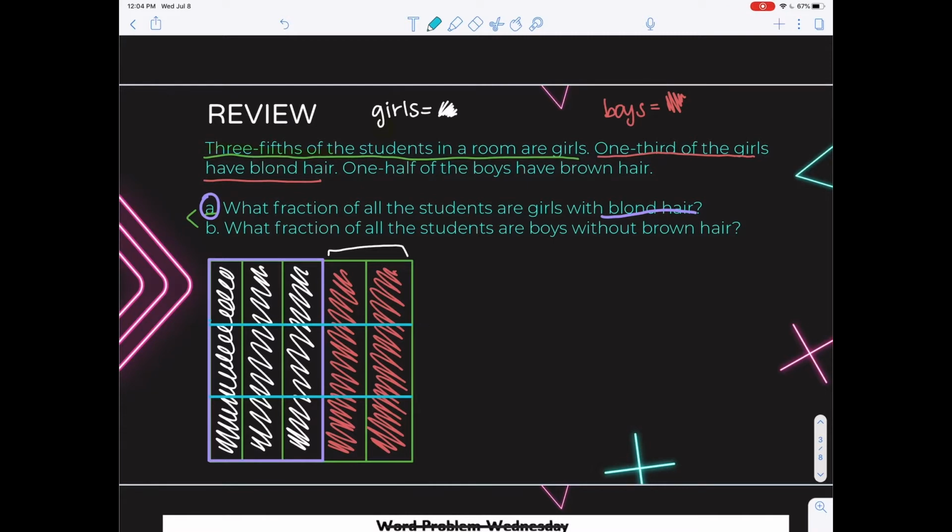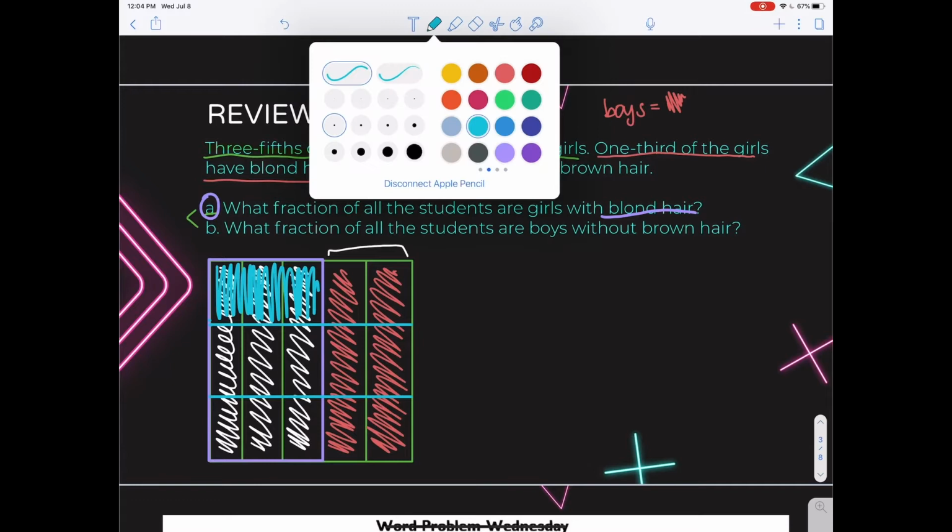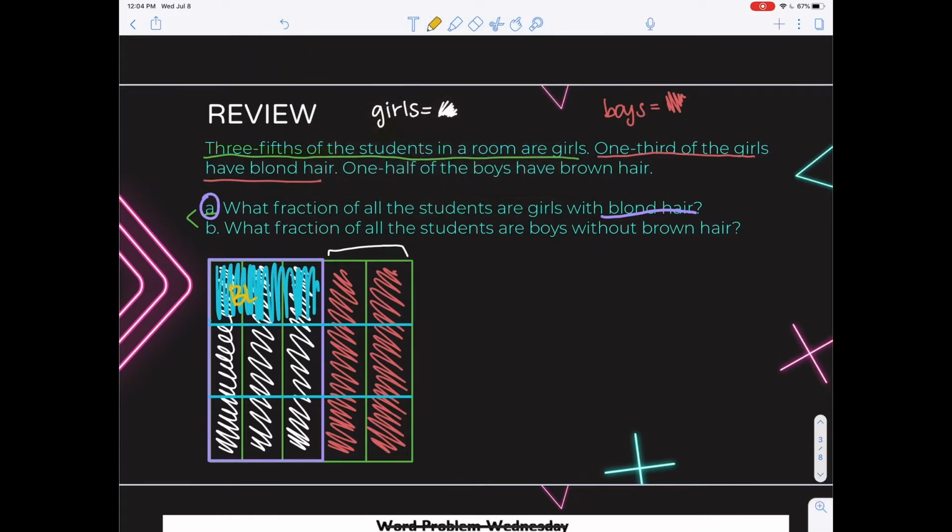So we just cut up our girls in the classroom into thirds, but we know that 1/3 of the girls have blonde hair. So I'm going to color this blue, and I'm going to put that these girls are blonde. Now we're going to create our fraction. What fraction of all the students, and that's a hint, all the students, are girls with blonde hair?